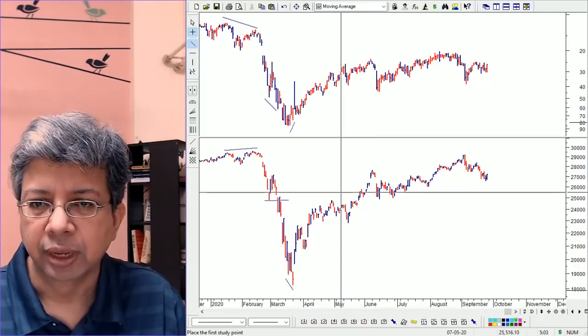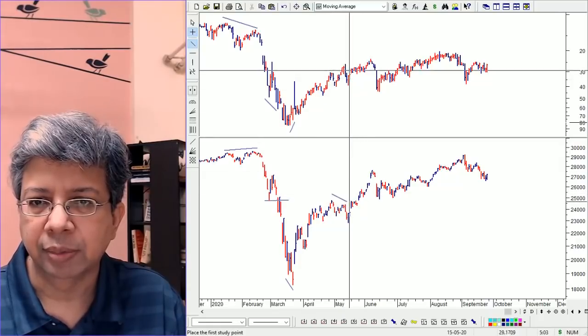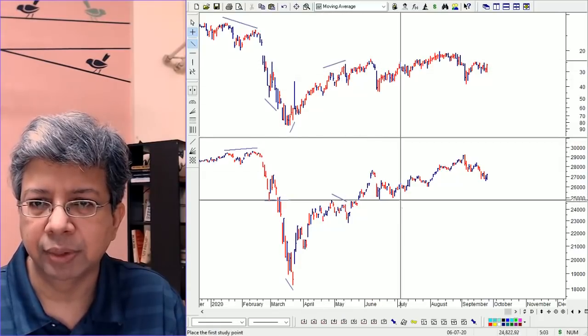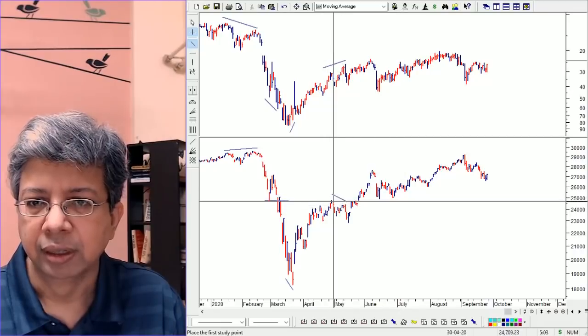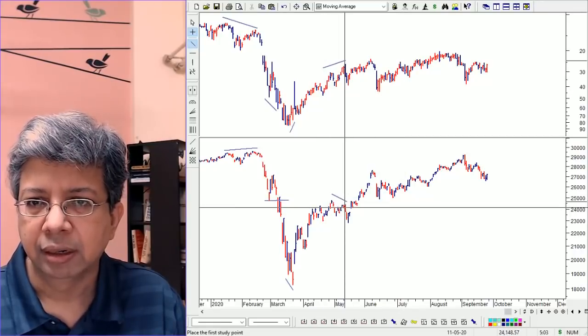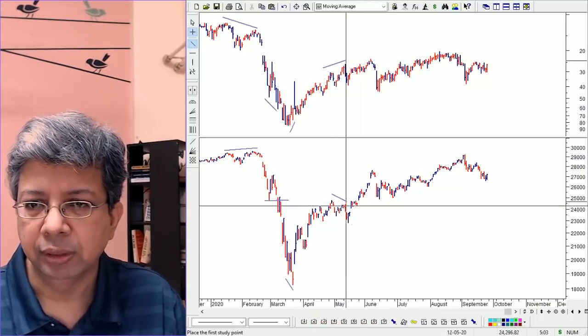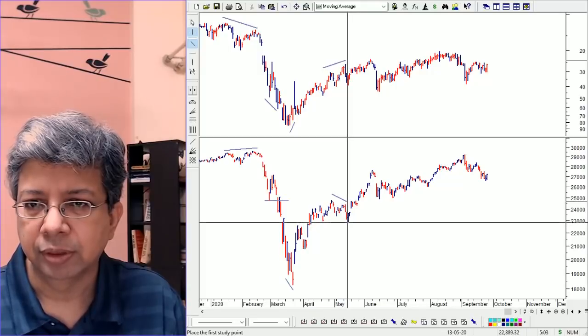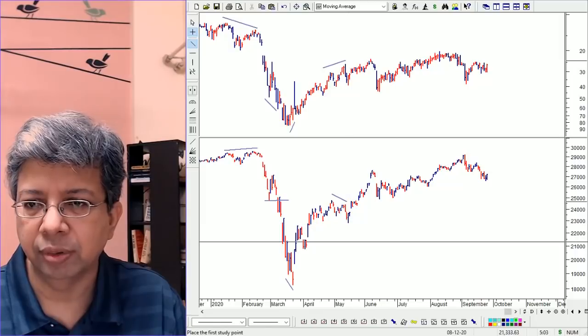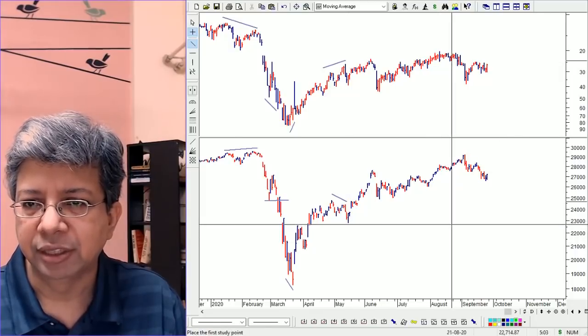Sometimes they give you an advance warning, and some of the divergences can be of smaller degree, some can be of higher degree. For example, here you have a lower low in the market, but the VIX continued to fall, indicating a further loss of momentum, and you got a slight tick down. Now this is not a big crash, but it's a small reversal. That small non-confirmation really helped at that stage.